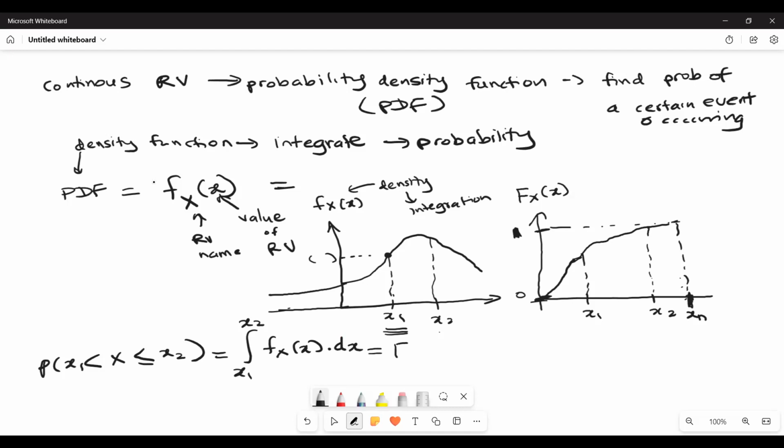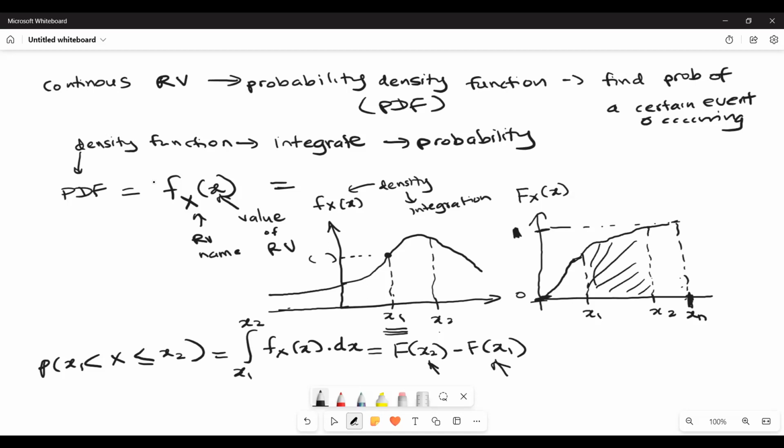So we can define it as F(x2) minus F(x1). That means the total probability that the cumulative function has up to the x2 point minus the total probability the cumulative function has up to the x1 point gives the probability between these 2 points.